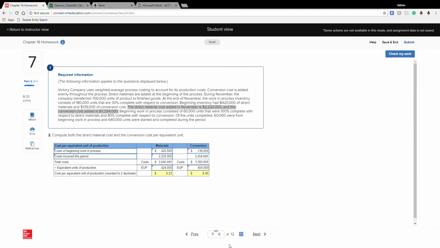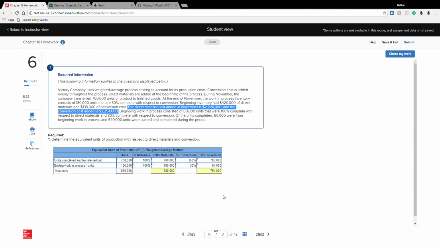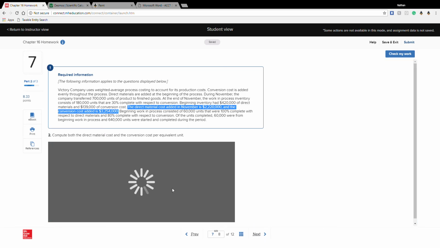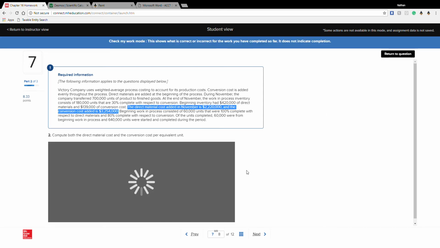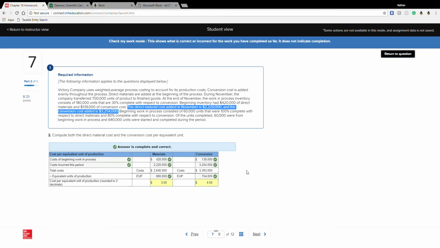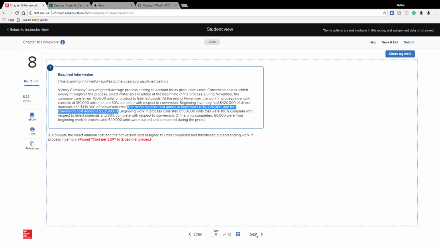Now we have to put in the E-ups that we actually have from question 6, which happens to be 880,000 in materials and 754,000 in conversion. So, with that being said, this should be the amount. Let's see. Yep, boom, there we go. Everything's good. So I wonder what question 8 is going to have.